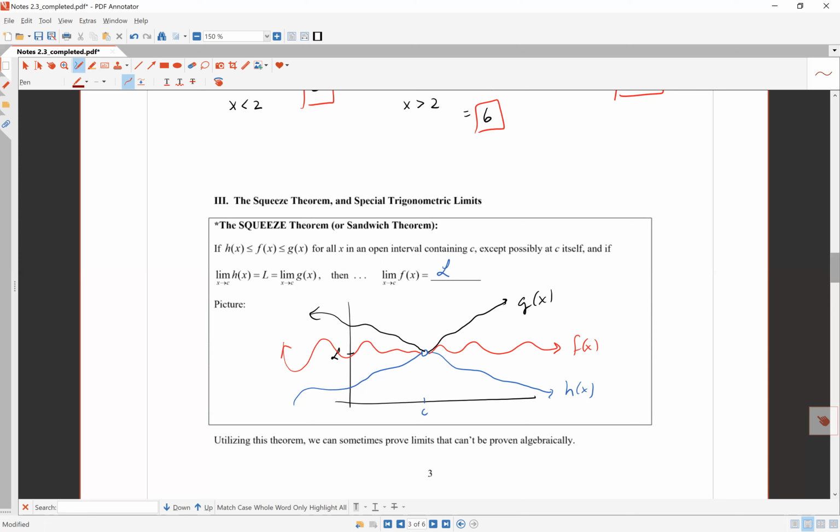So let's look at that graph. The graph of g of x, the one in black ink, is above f of x. h of x, which is in blue, is below f of x.